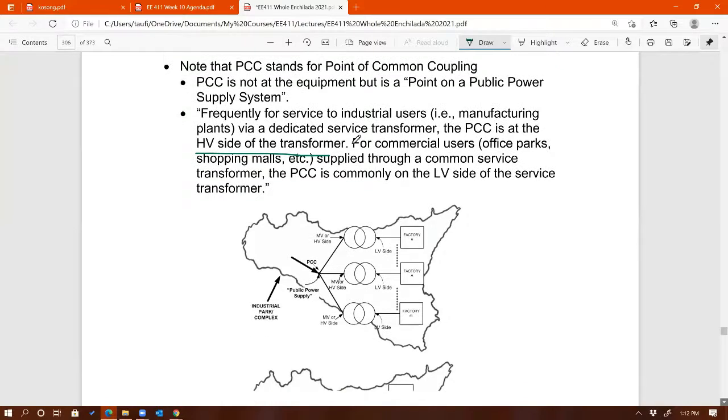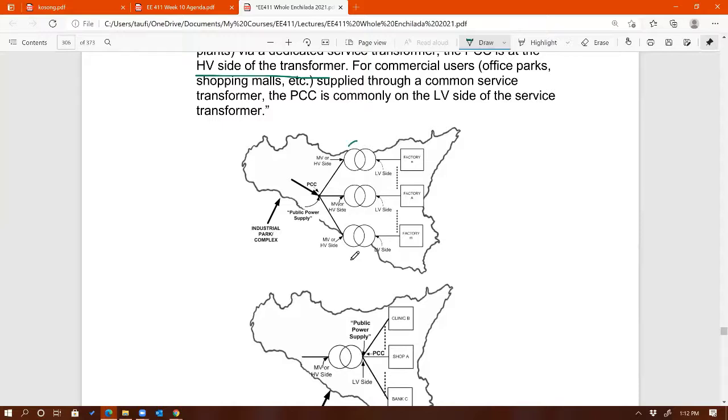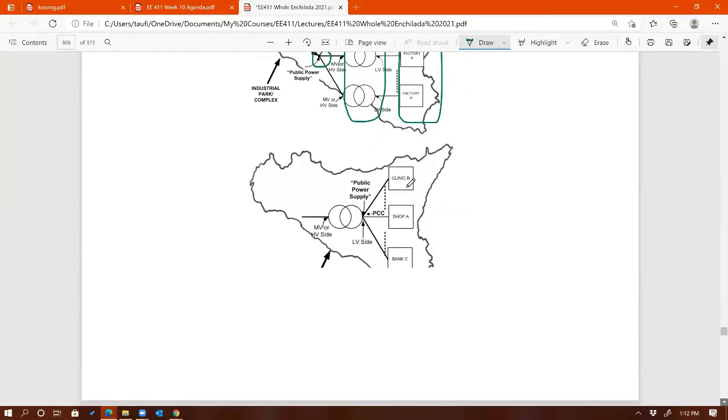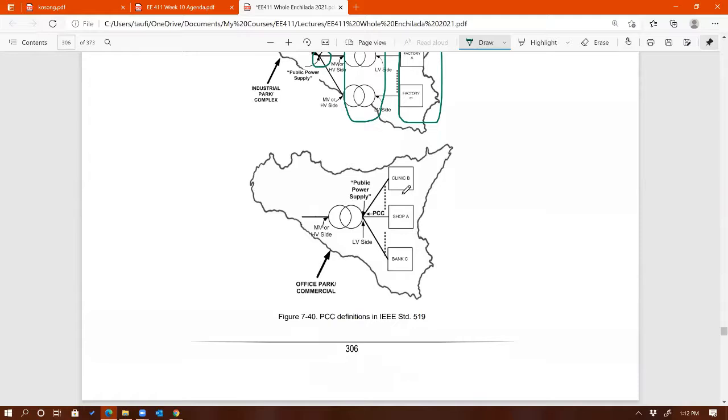So if that's the transformer right here, and those are the big factories, manufacturing lines, then the point of common coupling, meaning the point where you measure harmonics, will be on the high voltage side of the transformer. Whereas if it's commercial users, residentials, then it's going to be on the low voltage side of the transformer. That's where you're going to measure harmonics.